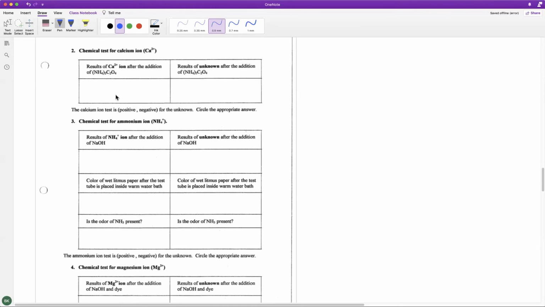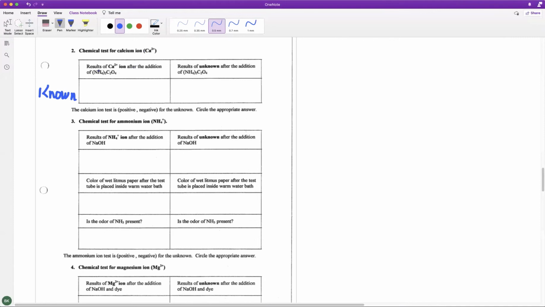So in your observations that you're going to make, you're going to put your observations in these boxes here about what you see when the reaction occurs. Okay, so on the left-hand side, this is going to be the known. So we're going to start with a solution that we know has calcium 2+ ion in it.